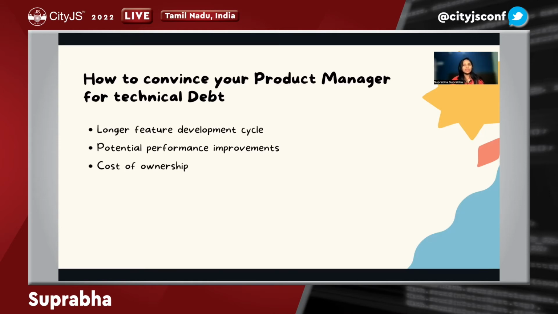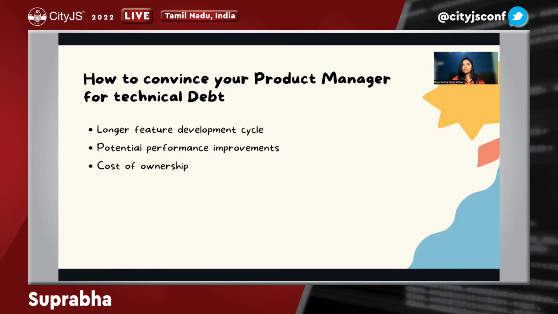We have to convince our manager. Here is how I convinced my manager when we were doing the refactoring for the whole shuffle cart. That makes sense because we are going to reduce a lot of time and improve performance, and if we put some numbers in front of the manager, that adds a lot of value.